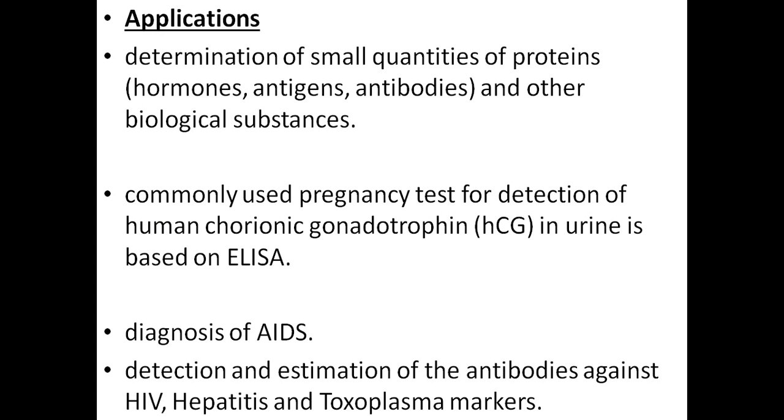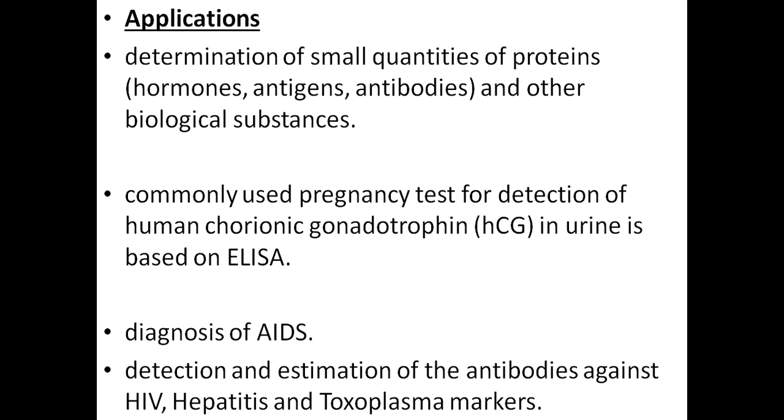If you see the applications of the ELISA technique, ELISA is mainly used for the determination of small quantities of proteins like hormones, antigens, antibodies and other biological substances. The commonly used pregnancy test for detection of human chorionic gonadotropin in urine is based on ELISA.